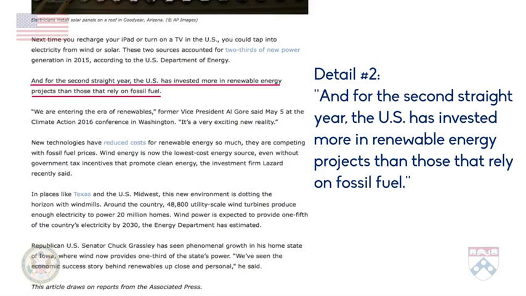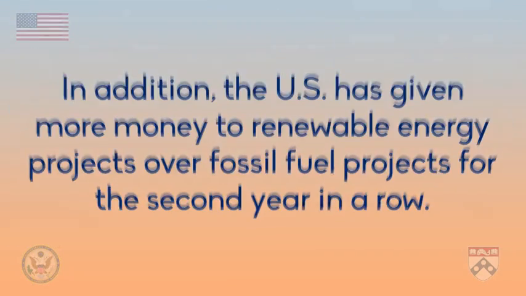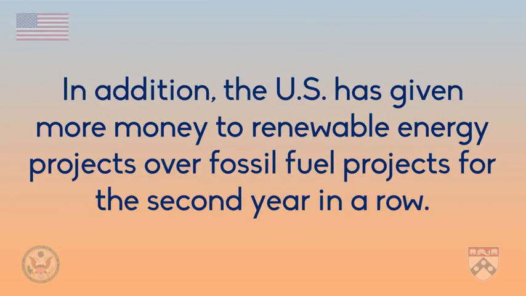Pause the video and try to put this in your own words like we did with the previous example. Your sentence might look something like this. "In addition, the U.S. has given more money to renewable energy projects over fossil fuel projects for the second year in a row."